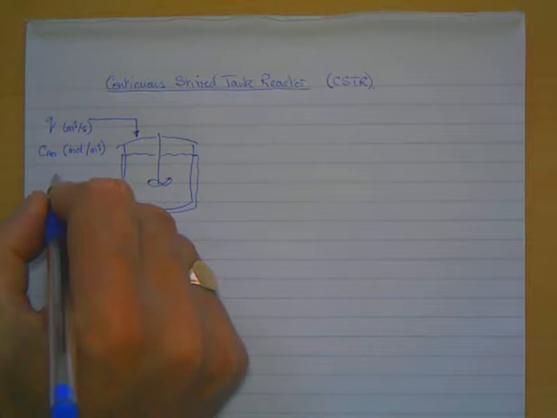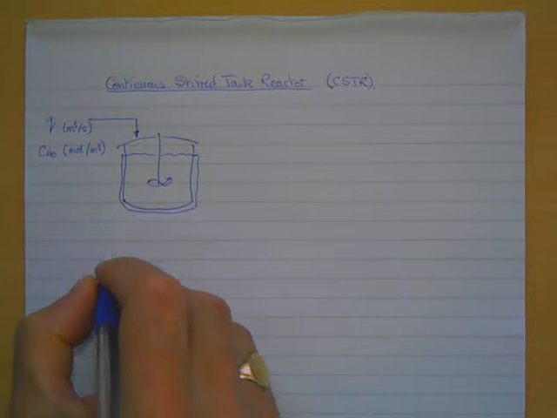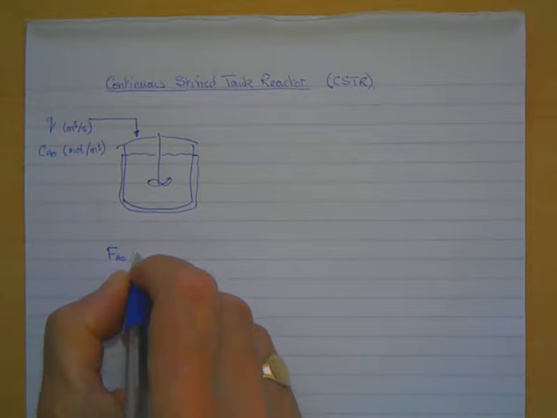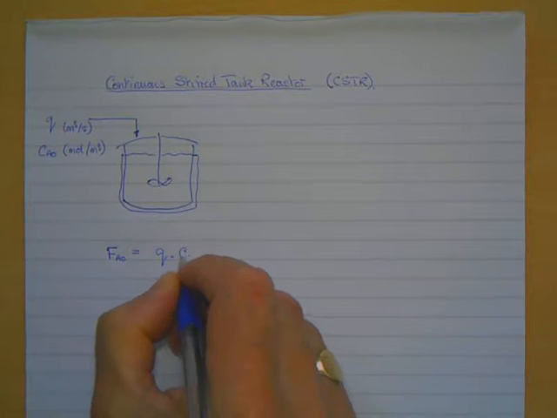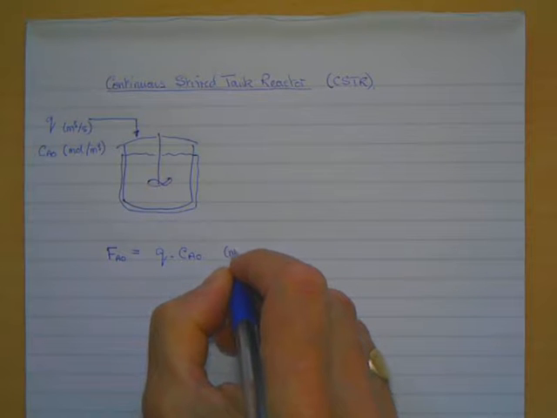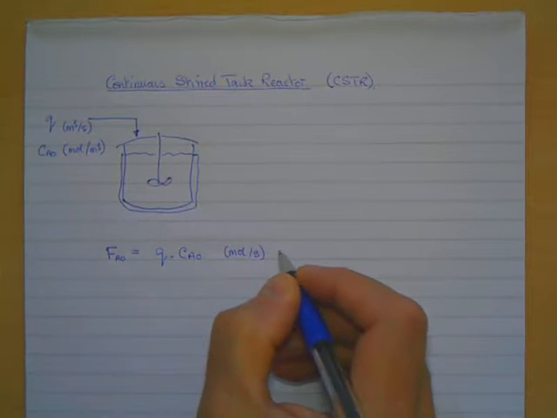And the total molar flow rate of our component, we're going to say is Fa0, and that is equal to Q multiplied by Ca0, and F then would be molar flow rate in moles per second.